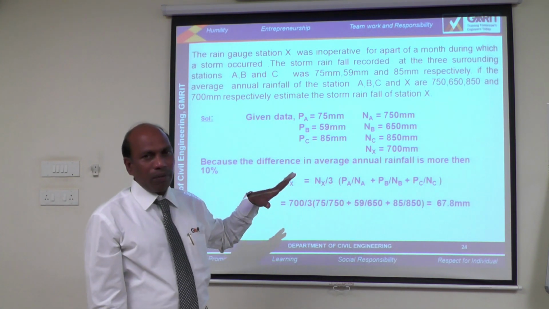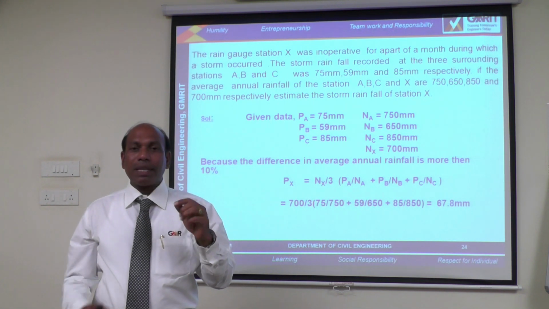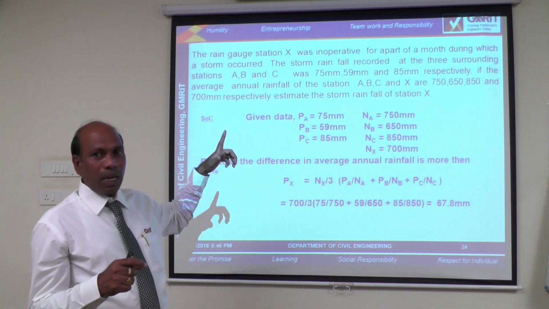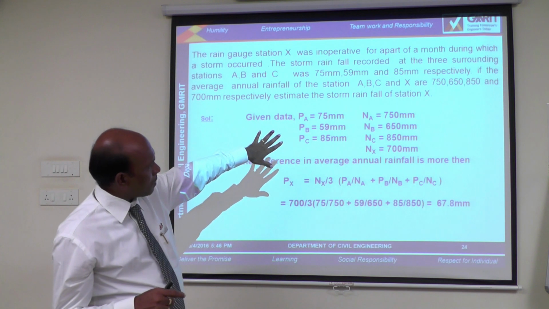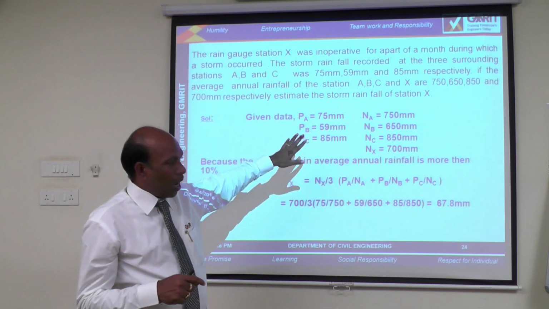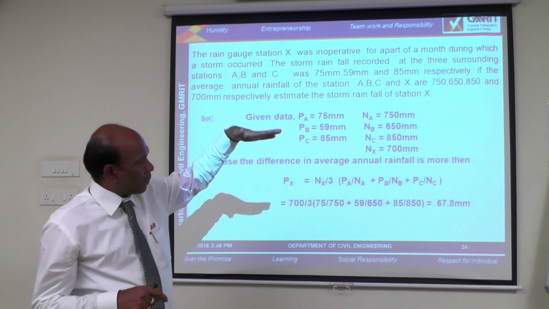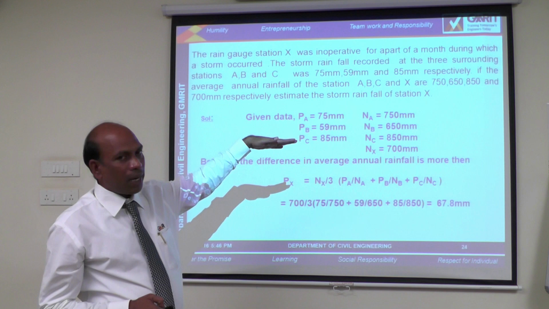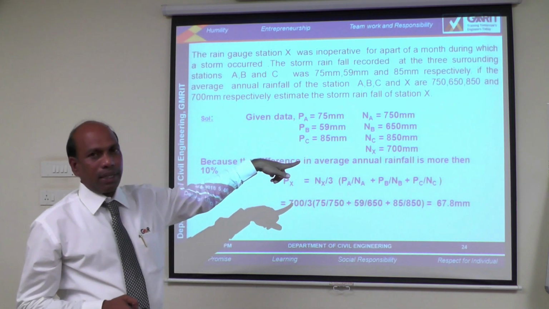Here they have given the rainfall depths of three surrounding stations, that means index stations, and they require the missing rainfall data at station X. Apart from the rainfall depths of the three surrounding stations, they have also given the mean annual rainfall of these 4 rain gauge stations. That means A, B, C are the index rain gauge stations and X is the missing rain gauge station.